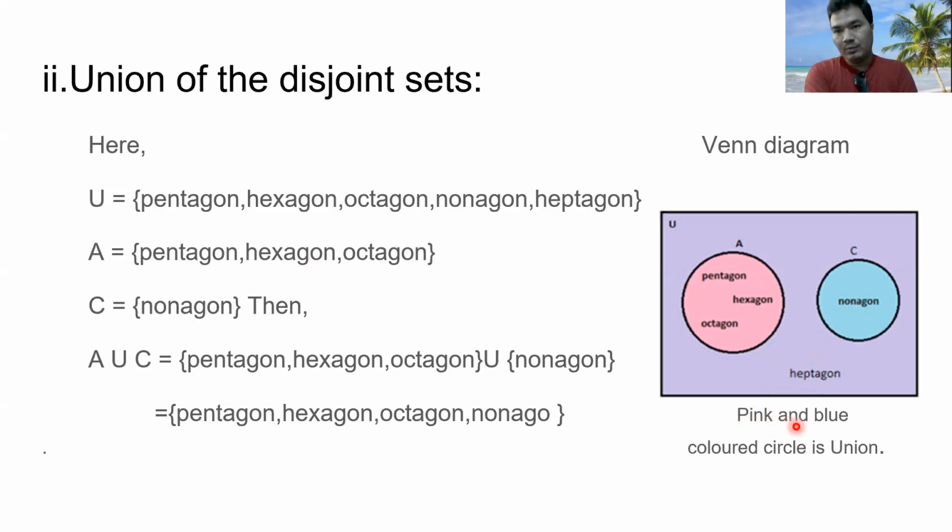Look here. Pink and blue colored circles are the union. That means this and this. When you say A and C both, it means A union C. This is the method to draw Venn diagram of union of the disjoint set. Okay, let's move to next slide.